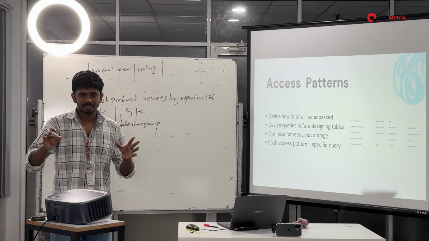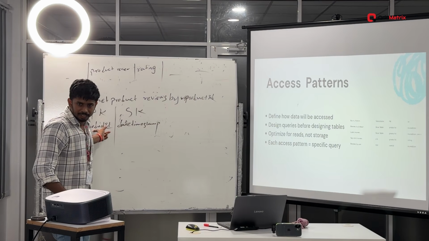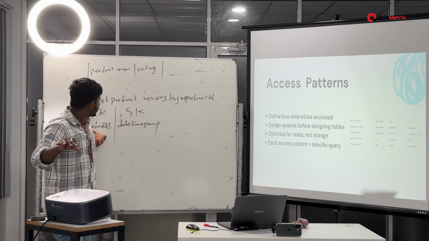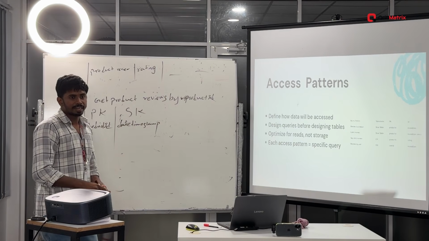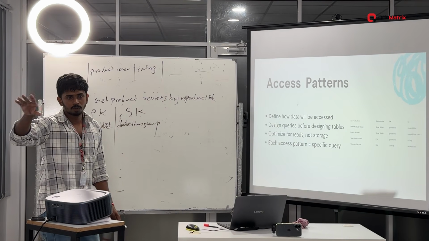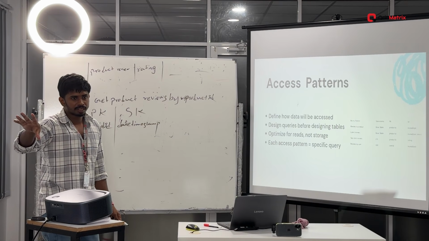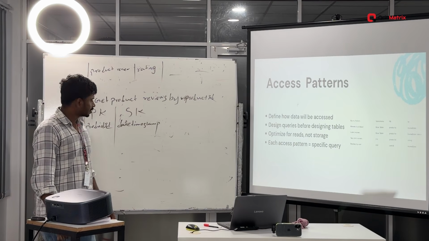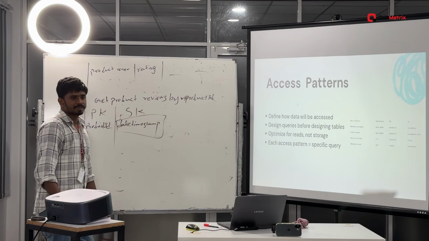Have you got the idea? Since we use product ID as the partition key, the items will be stored in the same physical location. So when a user asks for product reviews by product ID, it just needs to look in the same physical location. It does not need to go through all the data. And we can also filter by the timestamp.